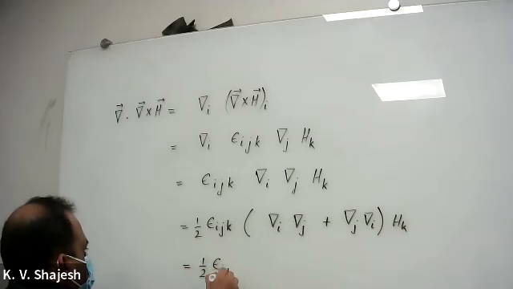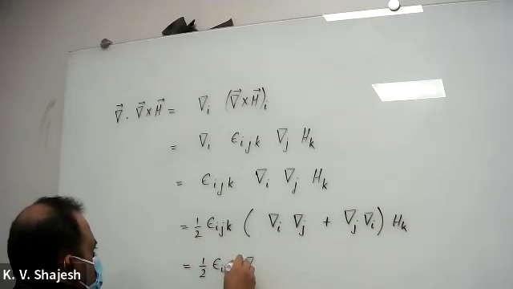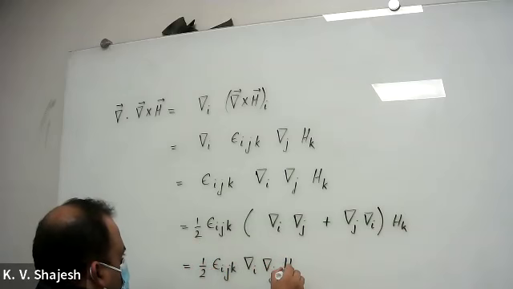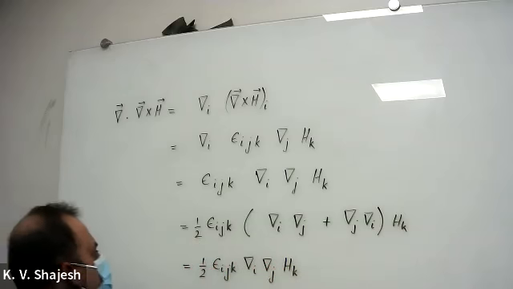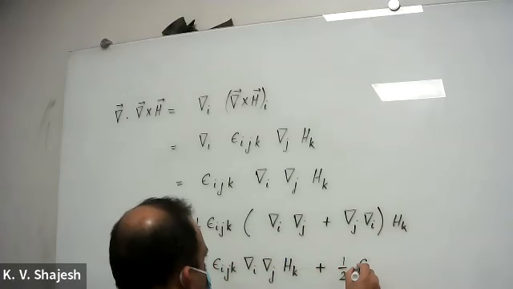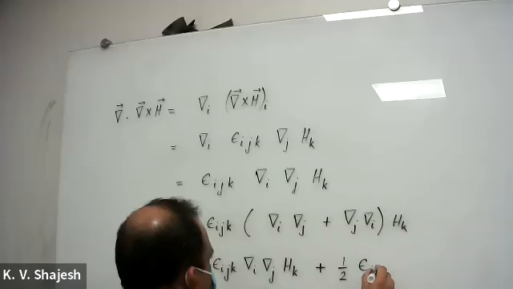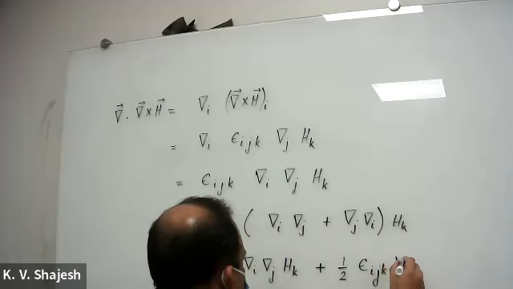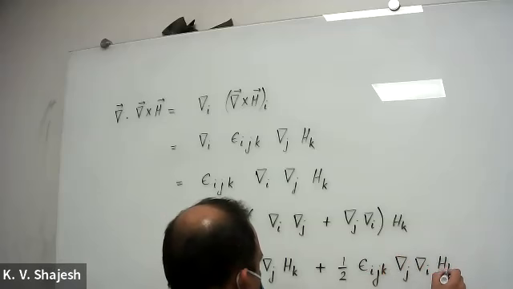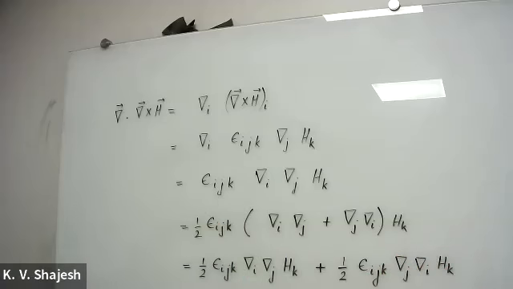Now let me write that as two explicit terms: epsilon ijk del i del j h k, plus epsilon ijk del j del i h k. That seems to be almost an identity there.